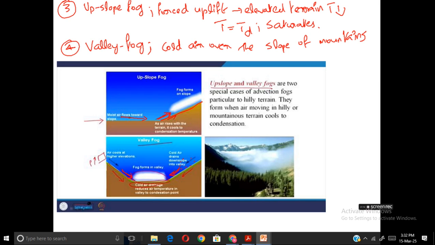This generally lasts for several days in calm conditions, generally during winter months. And the upslope fog generally forms when winds take this air to the upslope region. And as it goes up, the temperature reduces and condensation continues. So that is valley fog.